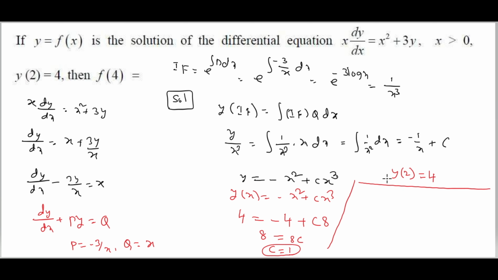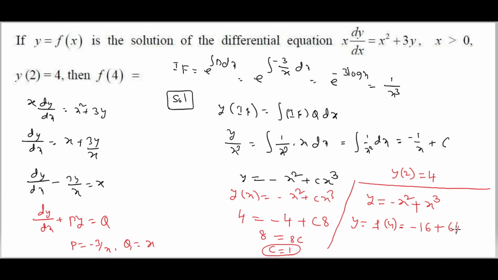in the given equation, y is equal to minus x square plus x cube, since the c value is 1. Now we find f of 4, that is y is equal to f of 4. Substituting x value 4, that is minus 4 square, that is 16, plus 4 cube, that is 64.